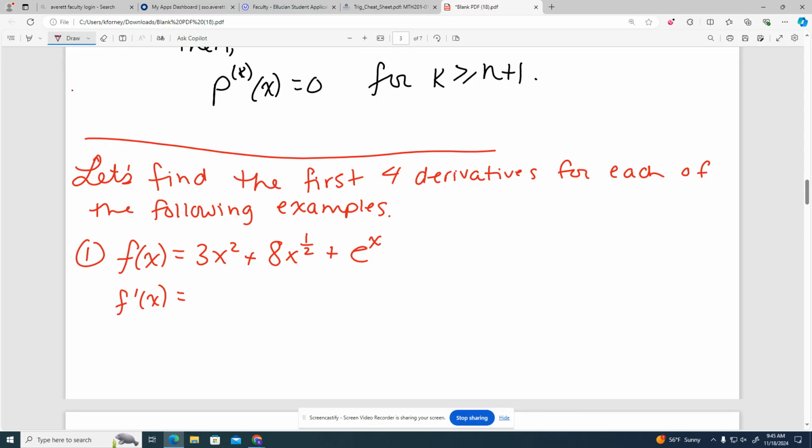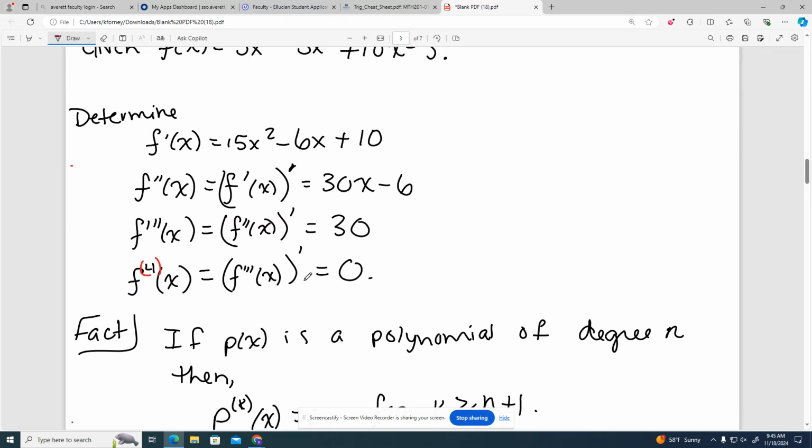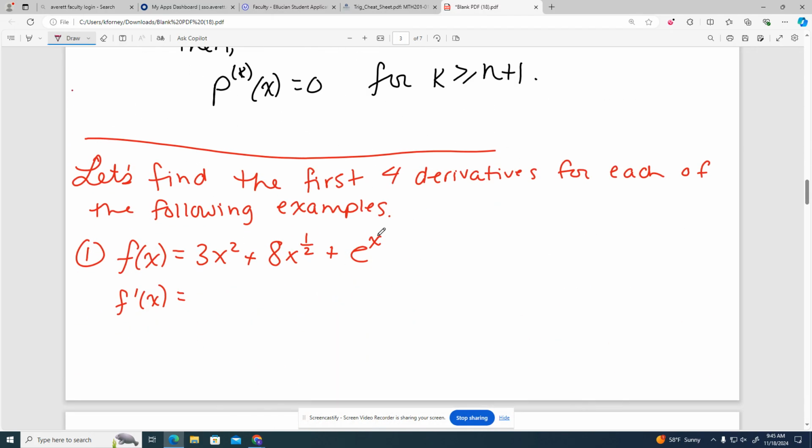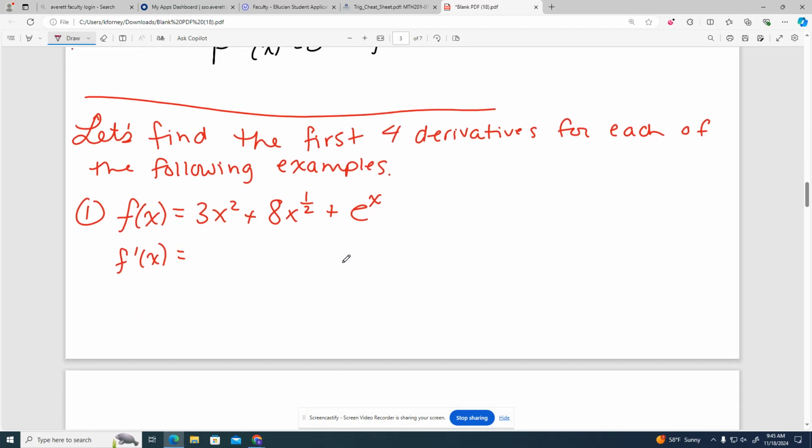We never get 0 because we need 8. Just kidding, ignore me. If this was a regular function, we would. But there's the x too, and the e to the x, because that's never going to go away.